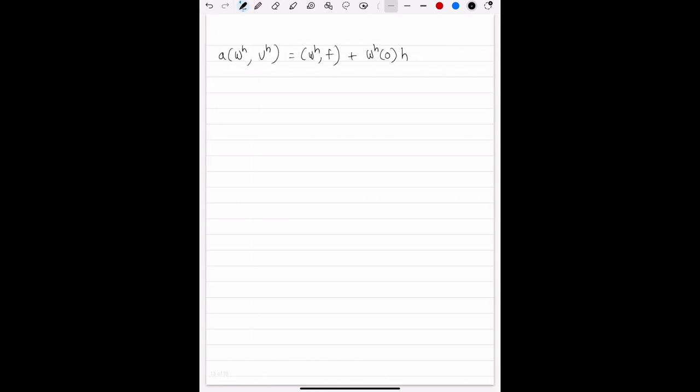So we substitute these expressions into this equation, and that gives us a of summation cA NA from a equal to 1 up till n, comma, summation dB NB from b equal to 1 to n plus g multiplied by N n plus 1, that's the first term, is equal to wh, which is nothing but summation a equal to 1 to n cA NA, comma f plus wh evaluated at x equal to 0, which is summation a equal to 1 to n cA multiplied by NA evaluated at x equal to 0 multiplied by h.